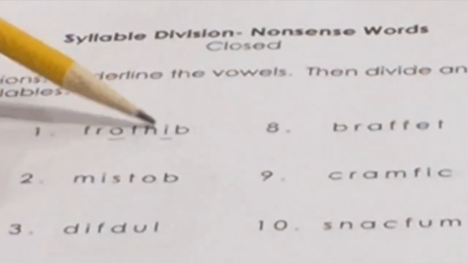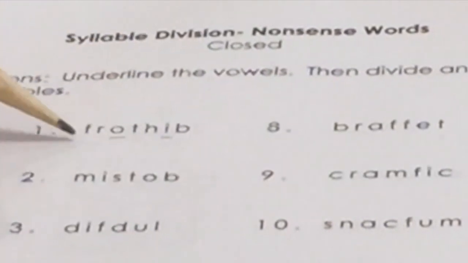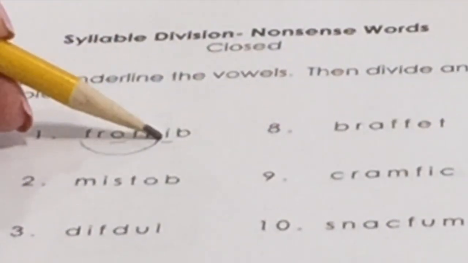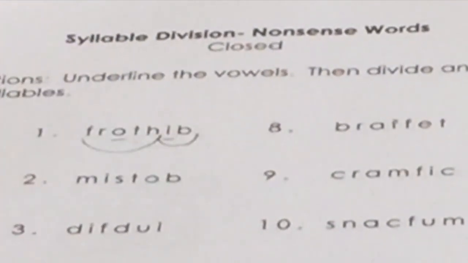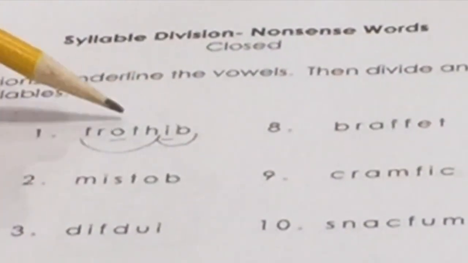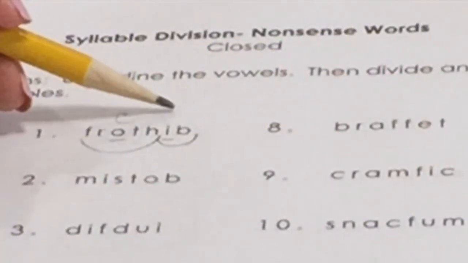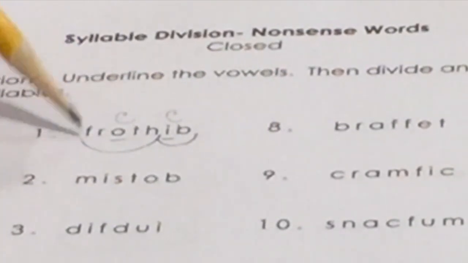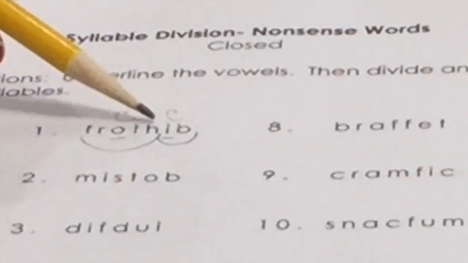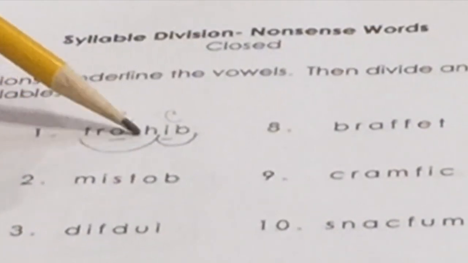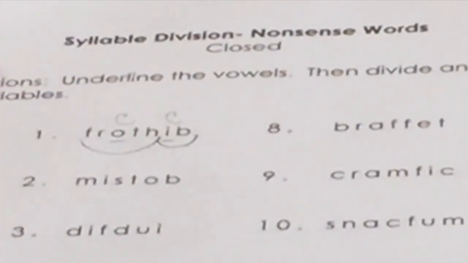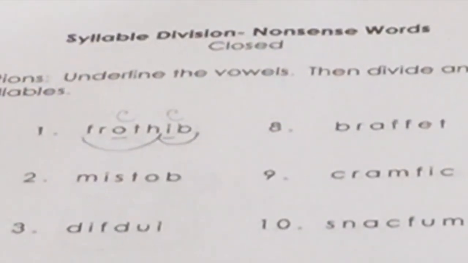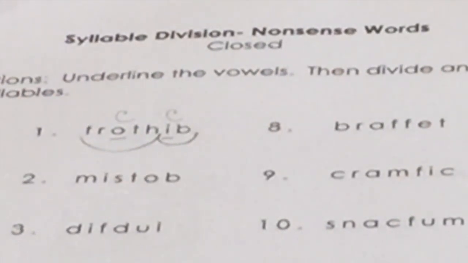Now, TH can be one sound, so I would probably divide this as fro-thed. Now, is this a word? No, it's not a word. But I can defend the way that I broke that up because TH is one sound. Now, a kid might say, I made it frot-hib and broke up the T and the H, and as long as they're pronouncing it correctly, then I'm okay with that.